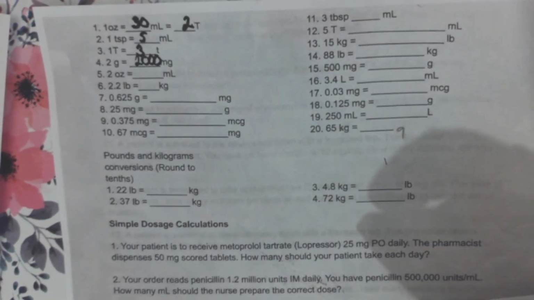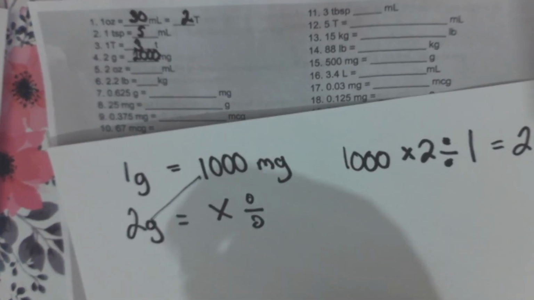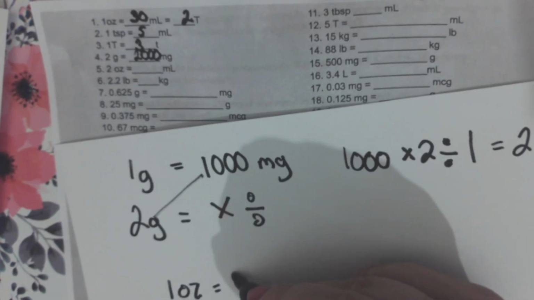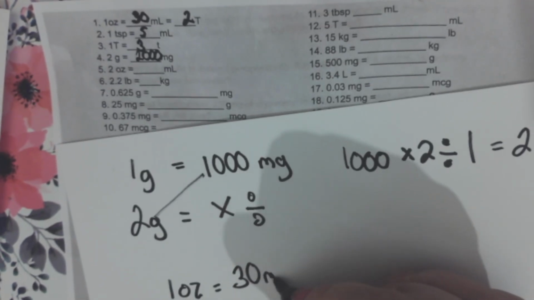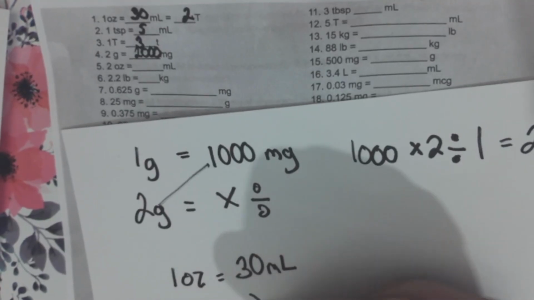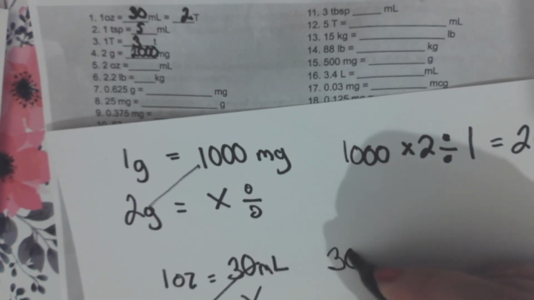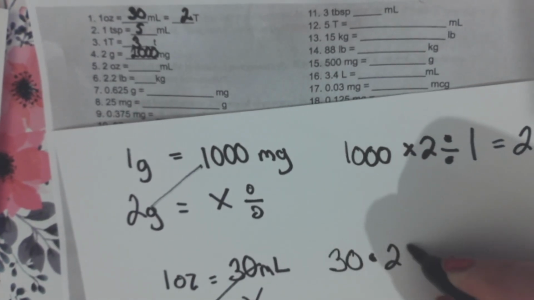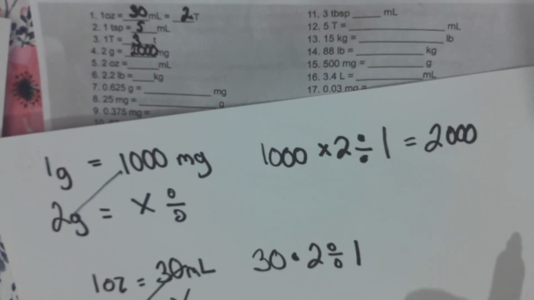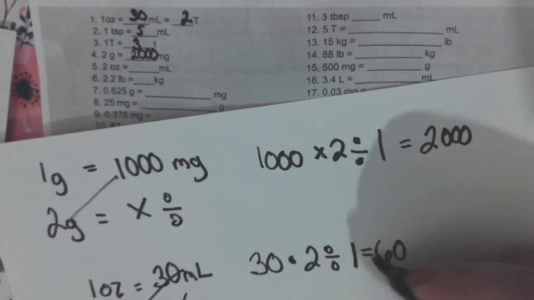2 ounces, again, let's do it. We can see that, but let's just set it up. 1 ounce equals 30 ml. So 2 ounces equals X. Cross multiply, 30 times 2 divided by 1 is 60 ml.